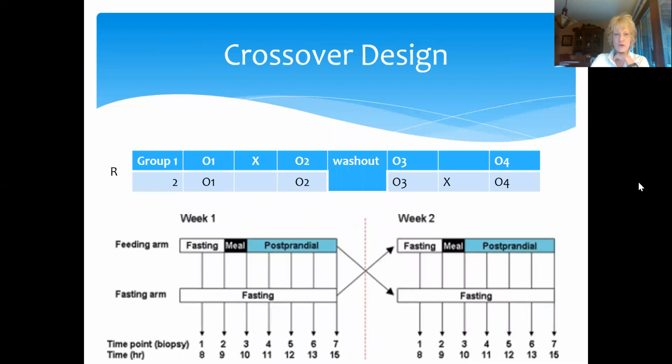You can also do a crossover design, and that's where you have these 2 groups and you do baseline on both. One gets the treatment, one gets the control, and then you do your outcome measures. Then you have a washout period of whatever amount of time, and then you do another baseline on both groups, but the opposite group gets the treatment, and then you do outcome measures.